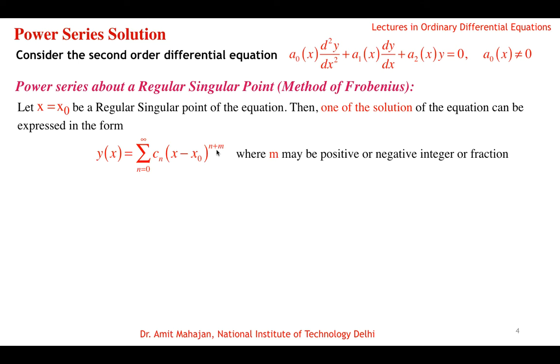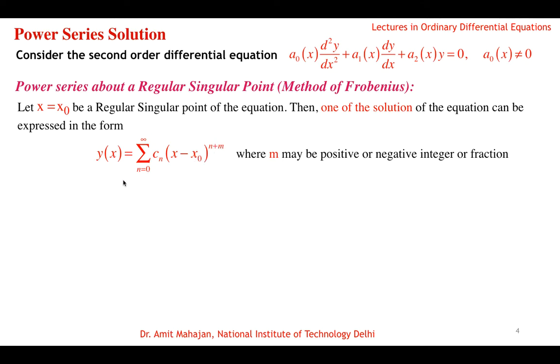Okay, and if you remember the method at an ordinary point, we had cn x minus x naught power n, the Taylor series. Okay, now we have this plus m factor, because it's a regular singular point. So very similar to that, but a new factor of plus m in the power of x minus x naught comes into play.